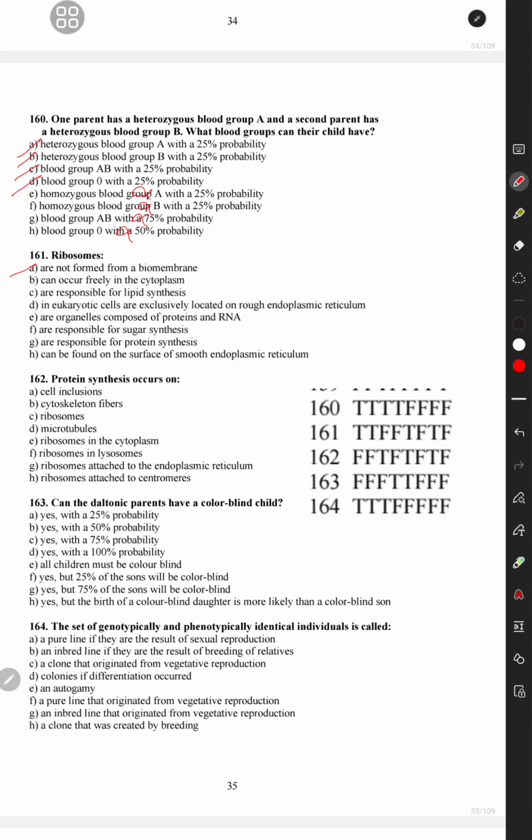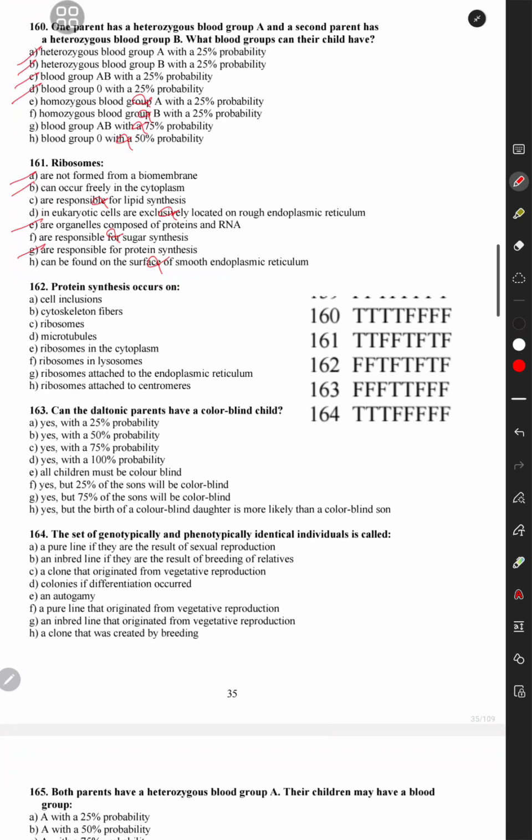Yes, they can occur freely in the cytoplasm. Yes, are responsible for lipid synthesis and eukaryotic organisms, composed of proteins and RNA. Are responsible for sugar synthesis, for protein synthesis, on the surface of the smooth endoplasmic reticulum. True, true, false, false, true, false, true.